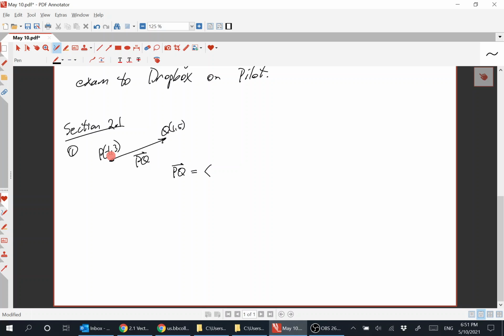Notice this is a vector in 2 dimensions, so we have 2 components, head minus tail. So 1 minus -1 is 2, 5 minus 3 is 2. That's the component form, or you can write it in the sum of unit vectors form, 2i plus 2j, where i is the vector (1, 0) and j is the vector (0, 1).